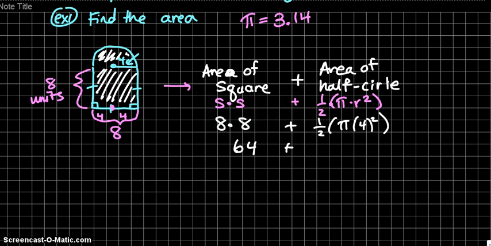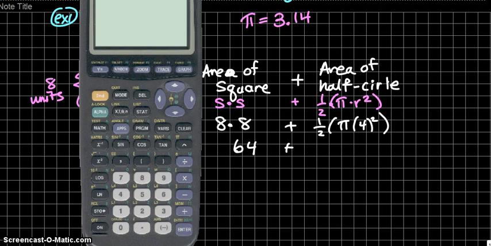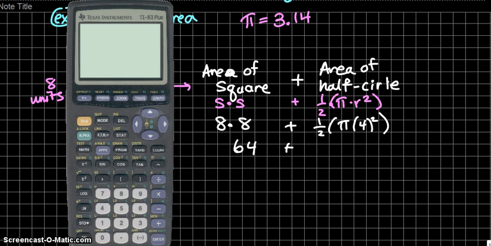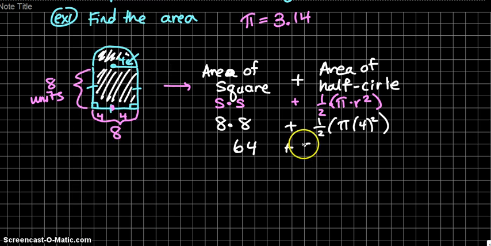So I'm going to do 1/2 times 3.14 times 4 squared, and I get 25.12. Add those together, and my final answer is 89.12 units squared.